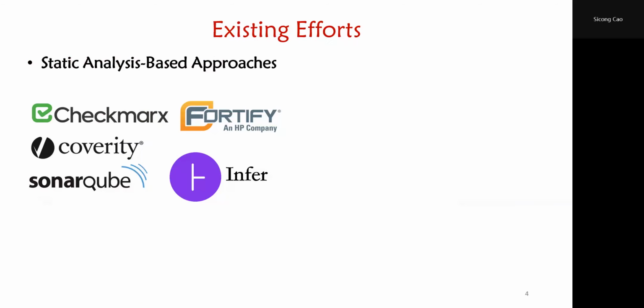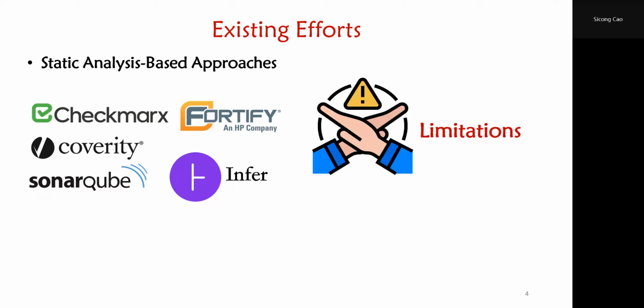Many static analysis-based approaches or tools have been proposed to detect memory-related vulnerabilities and shown their effectiveness. They use some predefined vulnerability rules or patterns to search for improper memory operations. However, all of them have two major limitations.